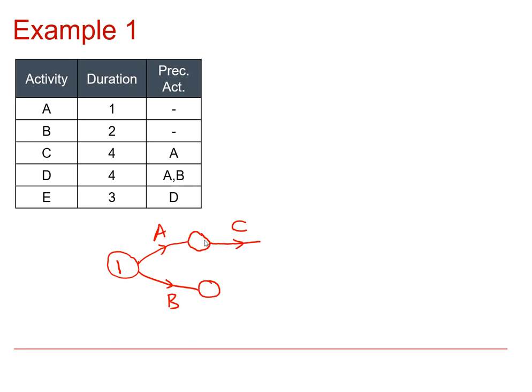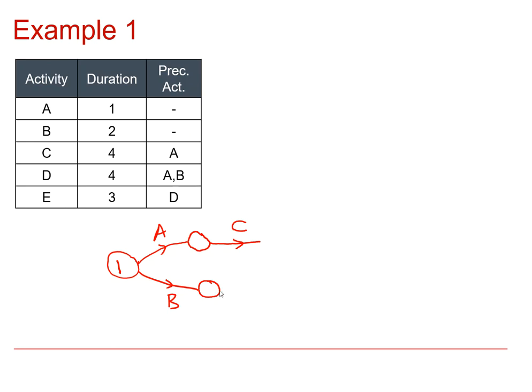We don't have an event from which we can start activity D, such that it will clearly depend on activities A and B. So that's a problem, because I can't join this activity to end here, because if I did, then this activity C would then depend on A and B, but it should only depend on A.